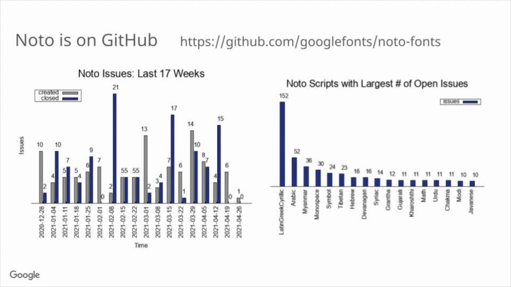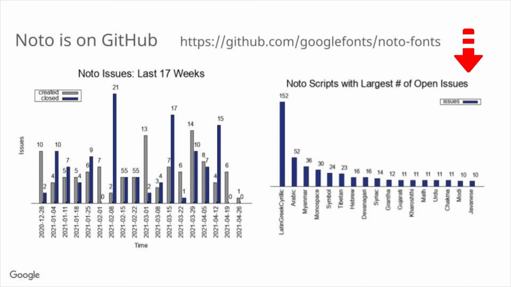On this slide, you can see two recent graphs pertaining to the issues. The graph on the left presents the weekly issue creation and closure for the last 17 weeks, ending with Sunday, 25th of April. The right graph shows the number of issues per script.